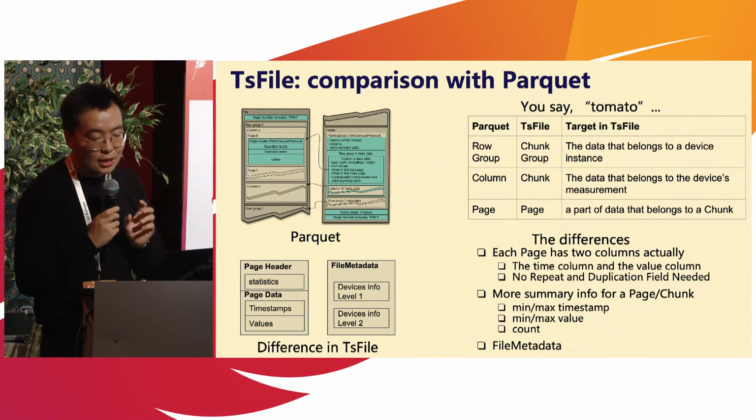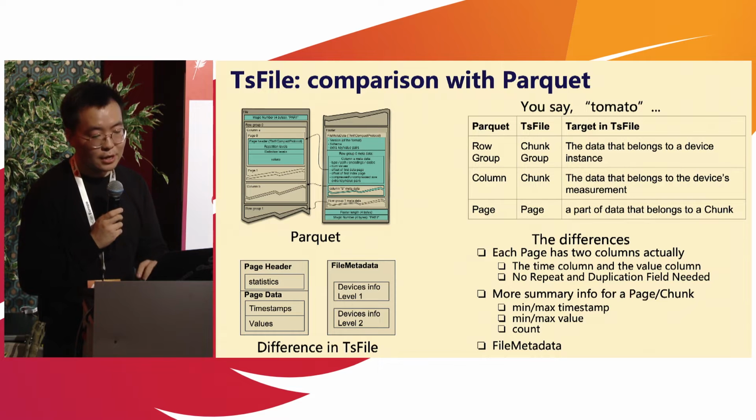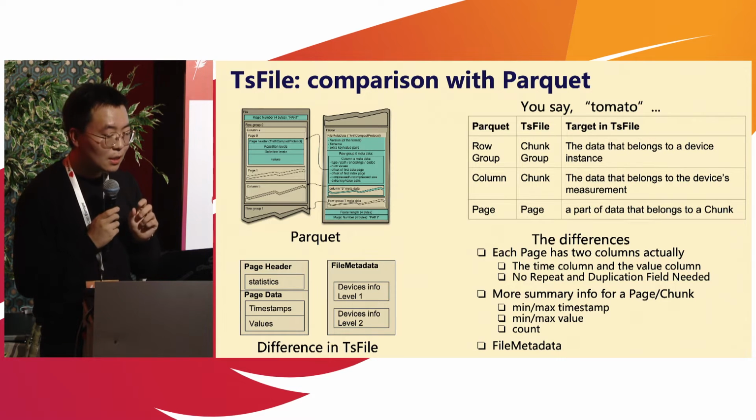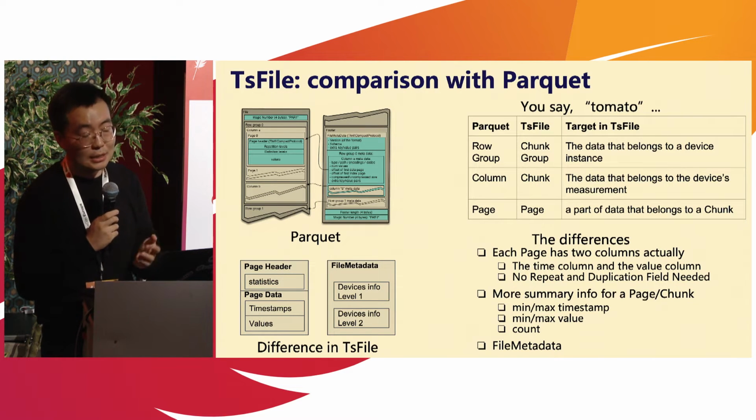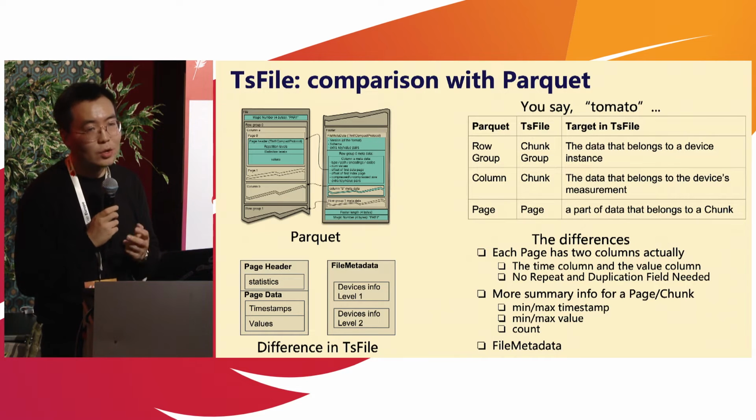And there are some detailed differences. For example, the first thing is that in each page, we do not only store the measurement values, but also their timestamps. It is because, as we have said, the timestamp column is always read.